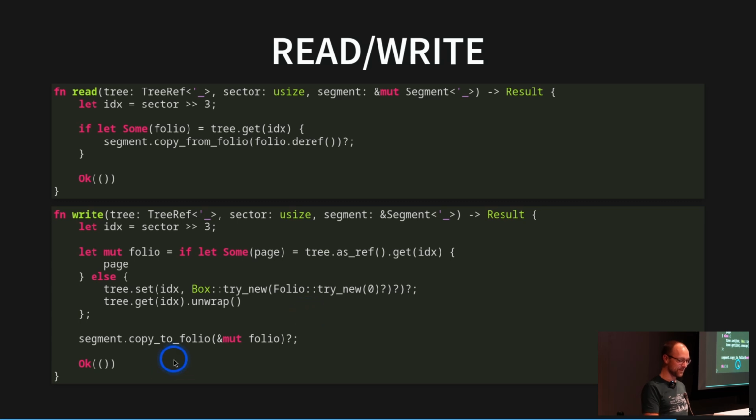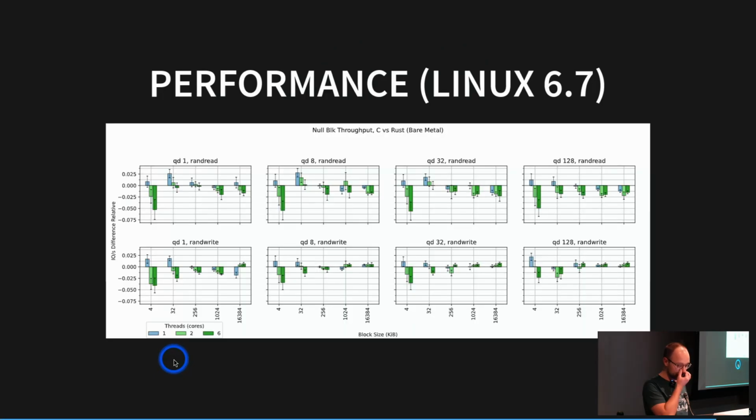And then copy it the other way. And if we do that, we get something we can actually compare to the C version of the null block driver that also is able to store data in random access memory.